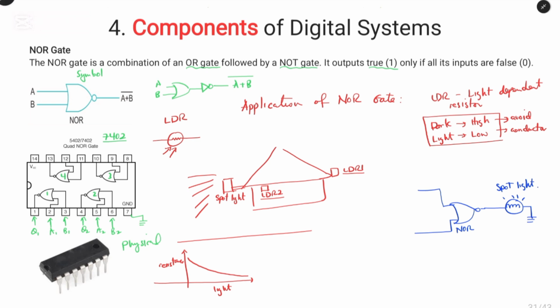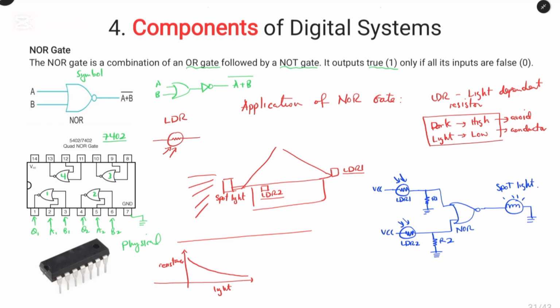Imagine you have the circuit connected like this and to the ground. And for the input, we have LDR1 and LDR2, and we can have R1 and R2. And now this one is connected to the VCC.